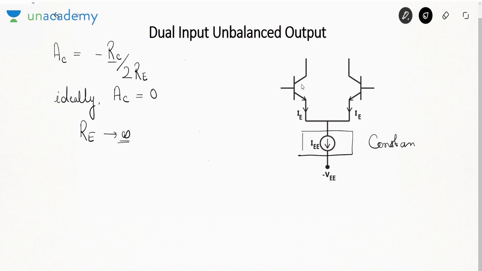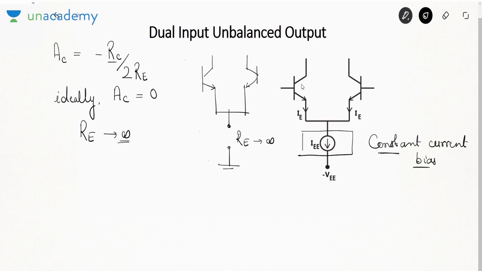In constant current biasing, what did I tell you? We connect a current source at the emitter terminal. Now when you perform AC analysis, the DC voltage source is short circuited and the DC current source will be open circuited, and due to that this RE will be infinity.